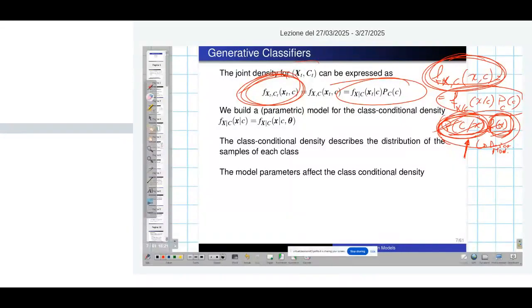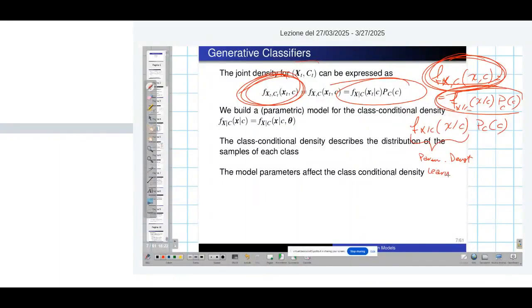For the moment, let's just say that we have these two ways of factorizing the joint. In the generative model, we use this factorization. We factorize the joint distribution as what is called class conditional density and a prior probability. We'll make this a parametric density that we will learn, and we will discuss in a moment what's the role of this second term.